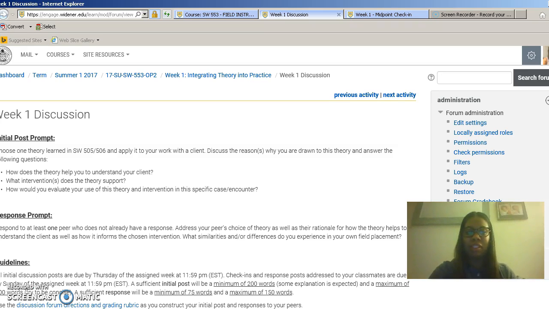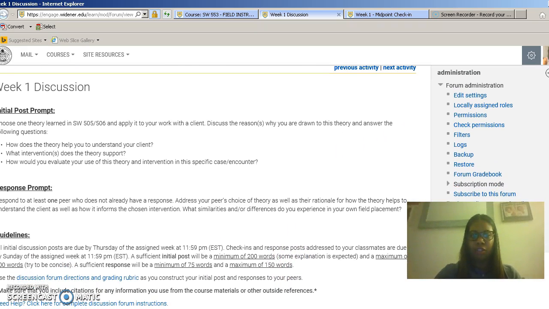You have 2 assignments that are due this week. The first one is your discussion post, and the second one that we'll go over is your midpoint check-in assignment. The first assignment, very similar to the discussion posts you are used to, is that you're going to discuss one theory learned in either Social Work 505 or 506 and apply it to your work with the client.